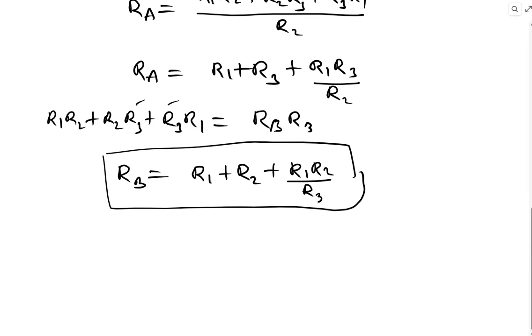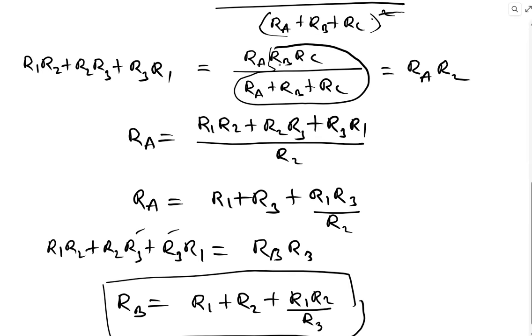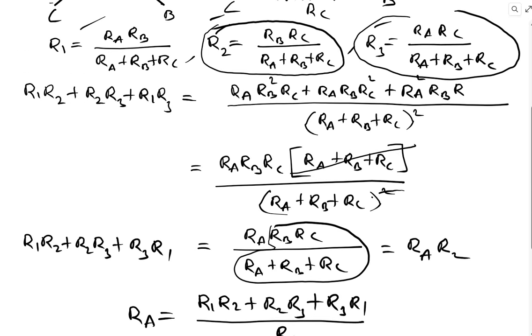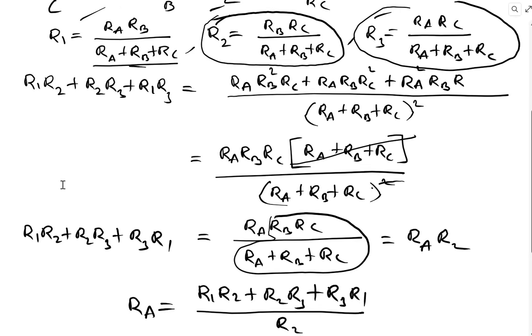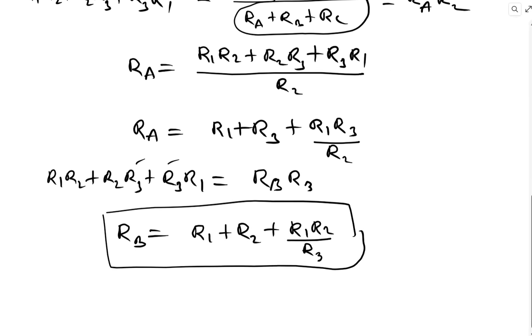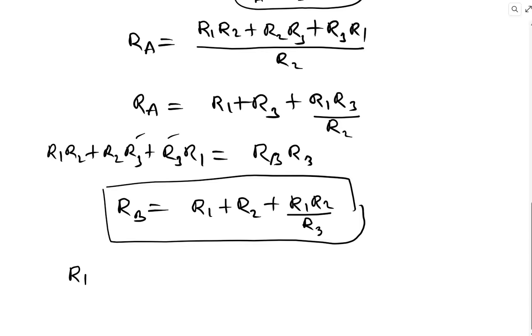Now coming to the next one: if you take RA RB, that is RA RB by RA plus RB plus RC, which is R1 here. So you can also write R1 R2 plus R2 R3 plus R3 R1 equals RC times R1.